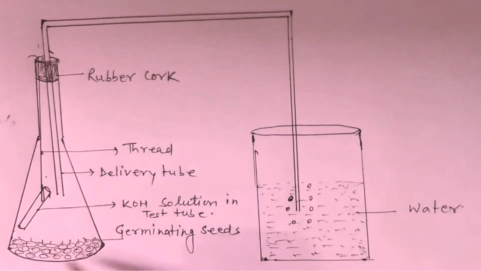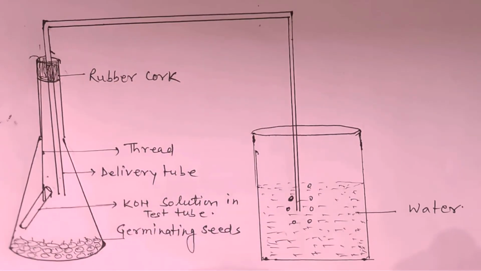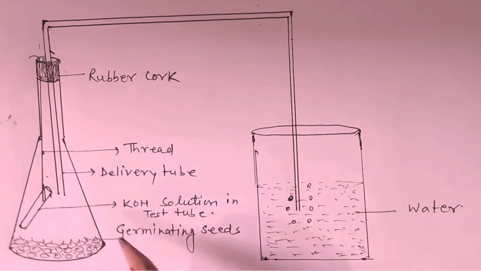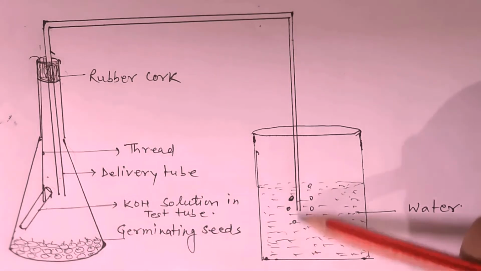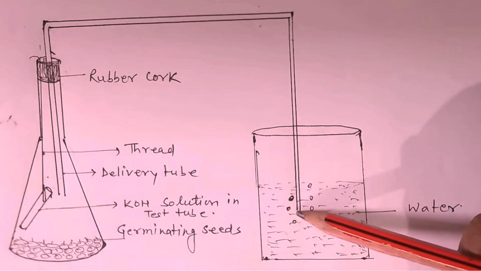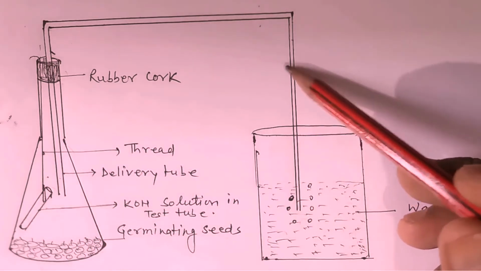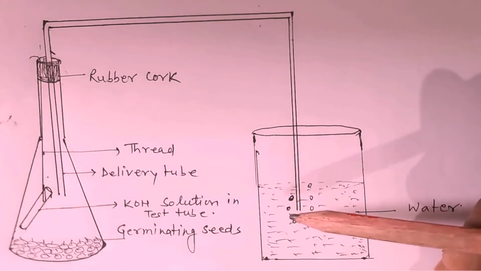So in this way this apparatus becomes airtight. Now leave this apparatus for a few hours. After a few hours you will see that there is a rise in the level of water in the delivery tube.